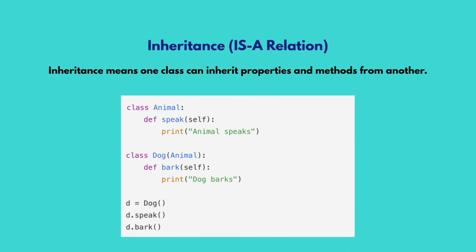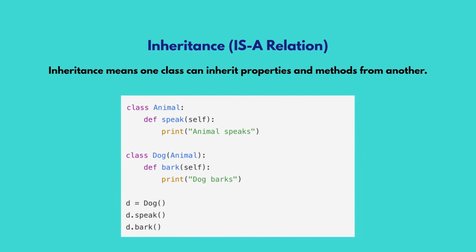So dog is also an animal. It can inherit the common properties from the animal class. So how I'm doing the inheritance here: when I created the dog class, I have given animal as the argument, the animal class. So what that means is I'm inheriting the animal class, and I will be inheriting all the properties and methods of the animal class by default.